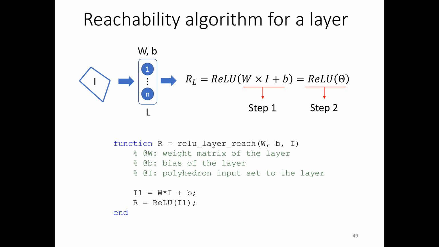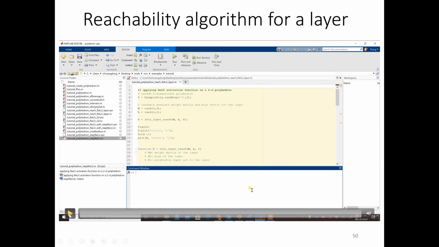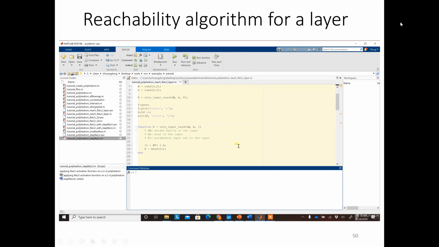No questions? Okay. So now let's look at this video for the example. In this video, I'm gonna show you how to compute the reachable set of a ReLU layer using the ReLU operation. We have two steps.